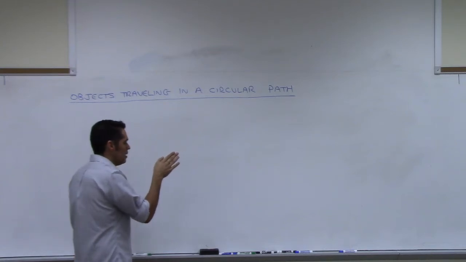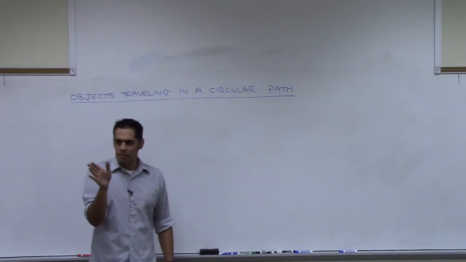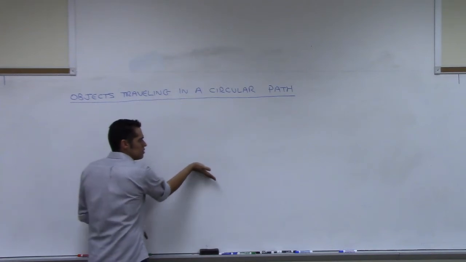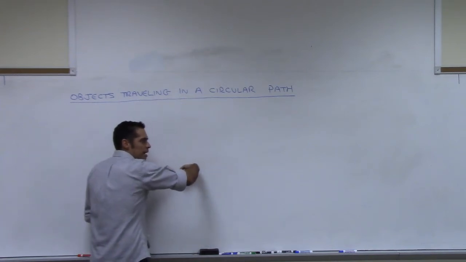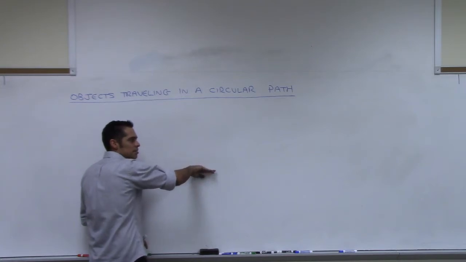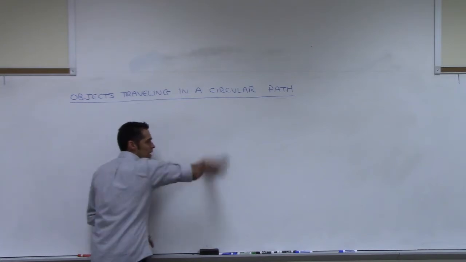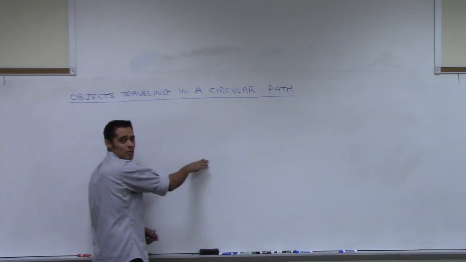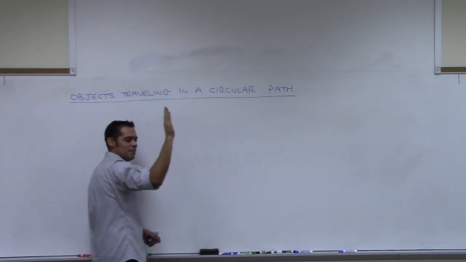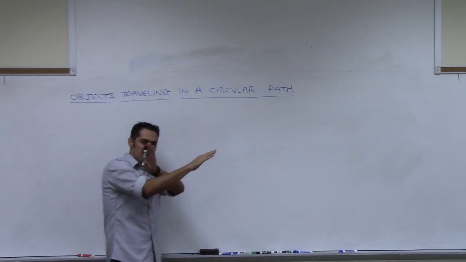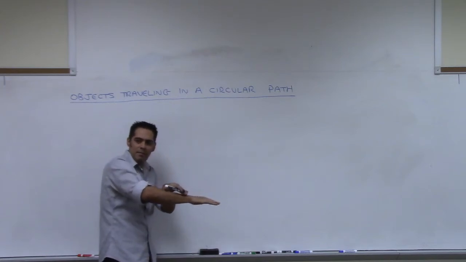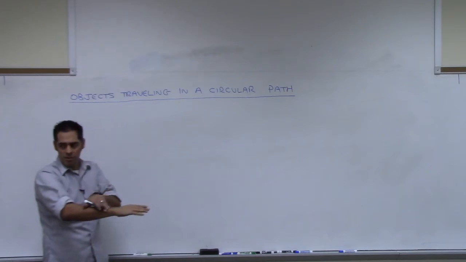As you're turning, you can imagine that you're actually sweeping through an angle, aren't you? And there's a certain speed at which you're doing that. It's almost like the second hand on a clock moving, right? And so you go through a certain angle in a certain amount of time, and that is called the angular speed.